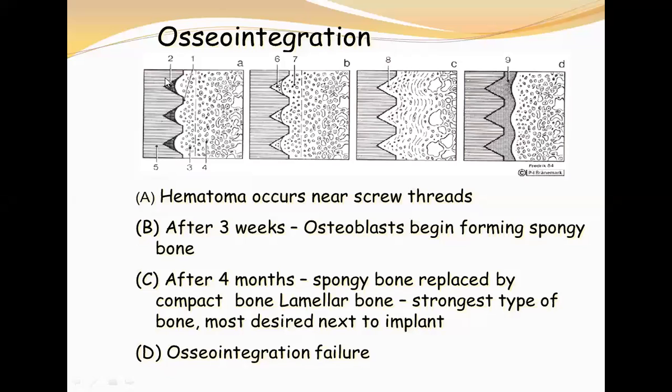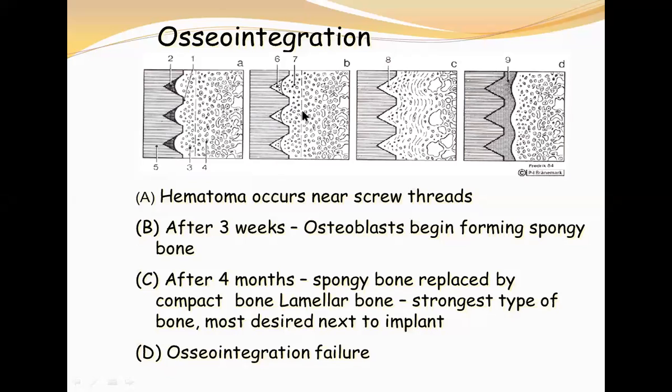When you put down this implant, this black area is the hematoma formation initially, the blood around the periphery of your dental implant. This is left for 2 weeks, and during the third week your cells come, osteoblasts start to make the bone, and this bone formation process continues for at least 2 months.